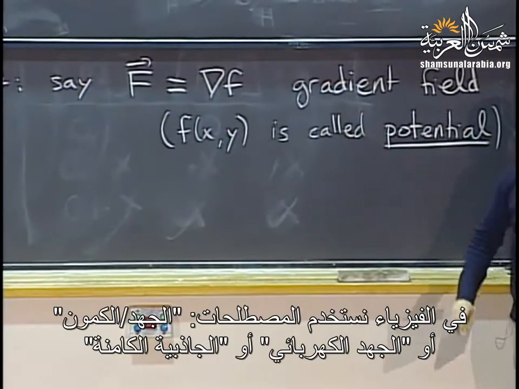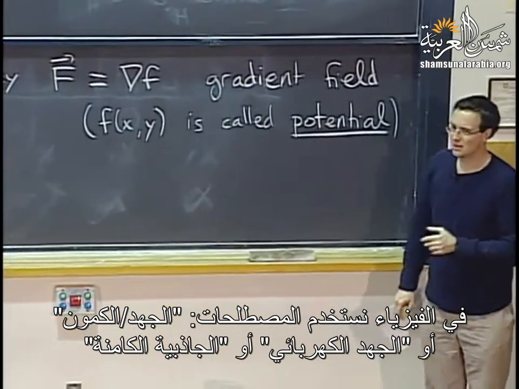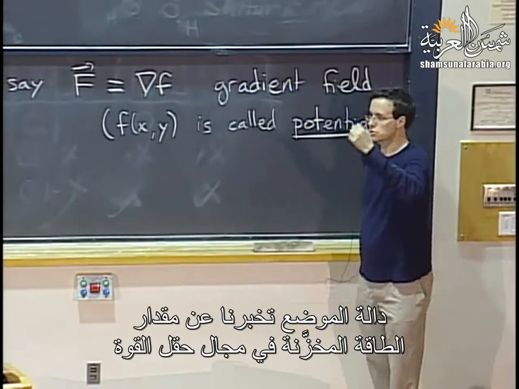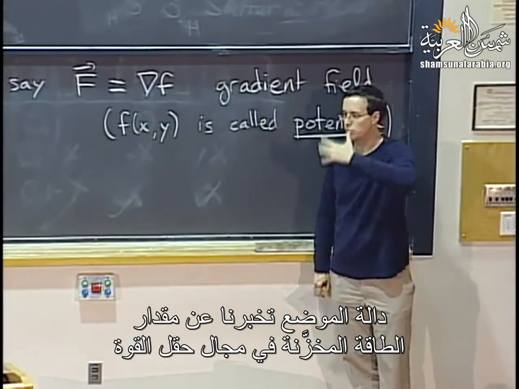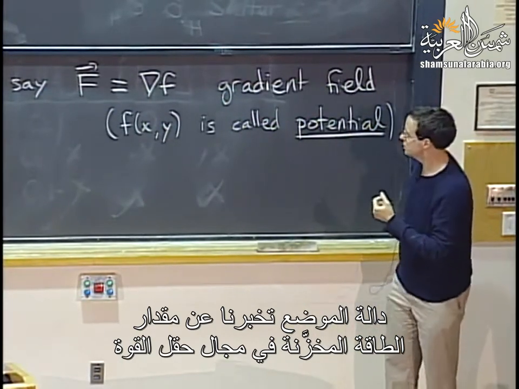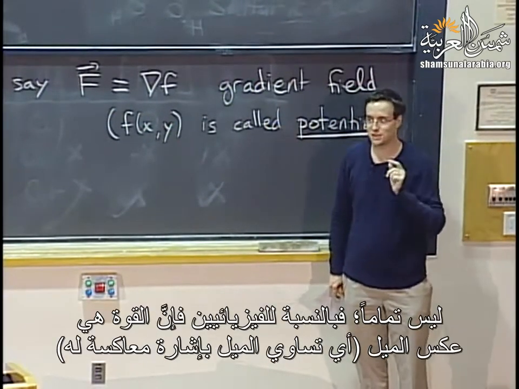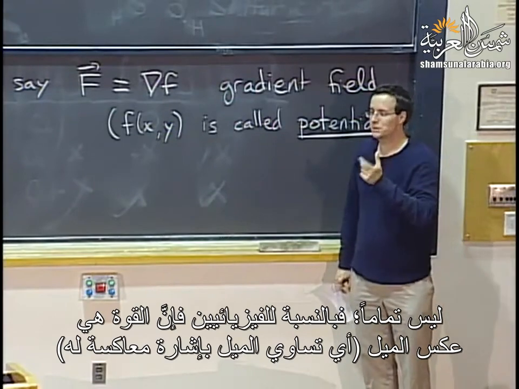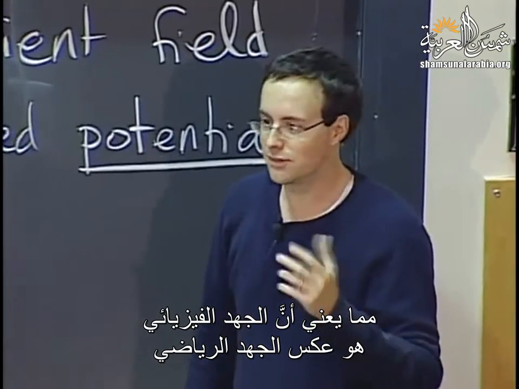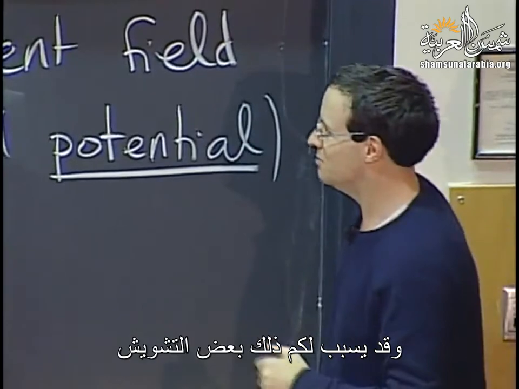In physics, you call potential, well, electrical potential or gravitational potential, or potential energy, this function of position that tells you how much energy is stored somehow by the force field, and its gradient gives you the force. Actually, not quite. If you're a physicist, then the force will be negative the gradient. So that means that physicists' potentials are the opposite of the mathematician's potential. Okay, so that's just here to confuse you.